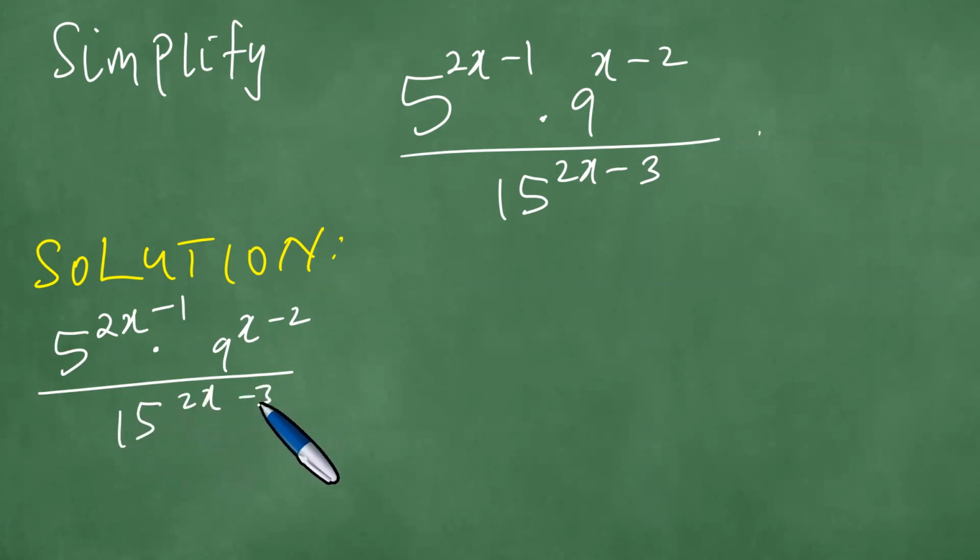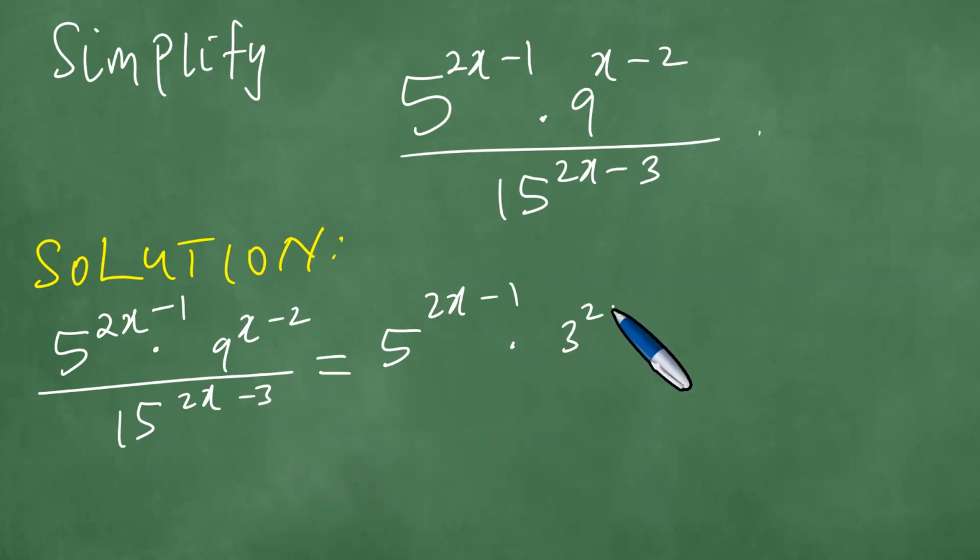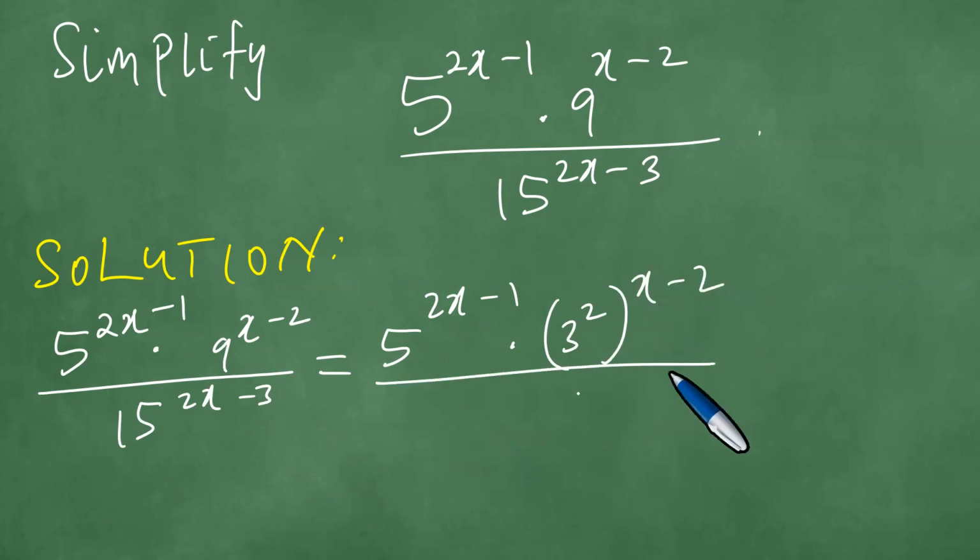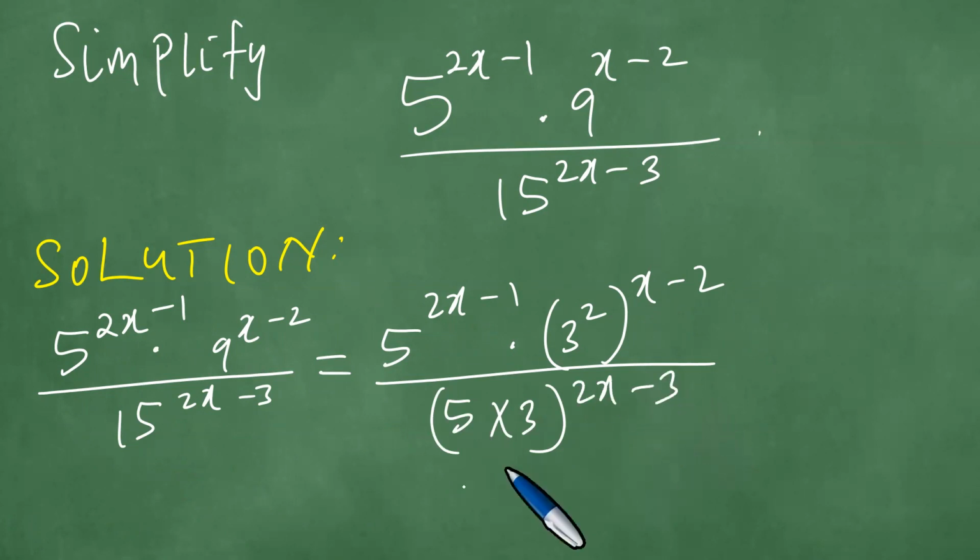Okay, always break down the bases to prime factors. Because there's a 5 here, so you write 2x minus 1. And then the 9, how do you write the 9? The prime base of 9 is 3 squared. And then you have the 15, which is 5 by 3 to the power 2x minus 3.